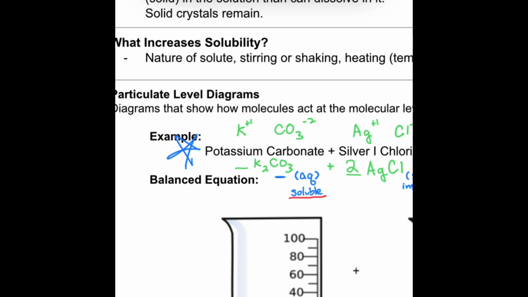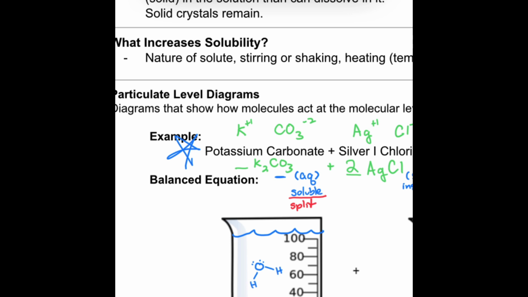Since potassium carbonate is soluble, that means that I'm going to draw it in solution. I'm going to split it up, right? So I'm going to put water in my beaker because this is my solution, and I'm going to put a water molecule in there. My cool little bent water. I'm going to keep it kind of small to give myself enough room to do other things.